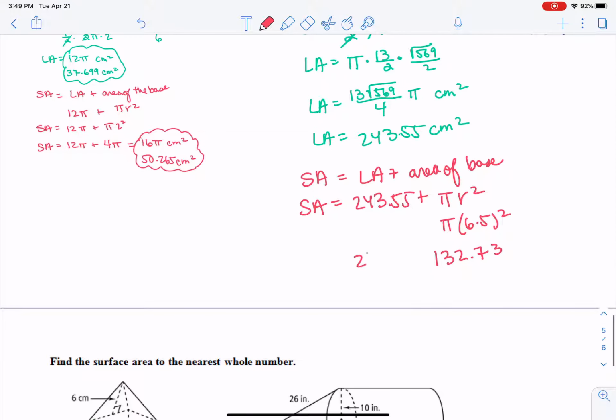If I add that together, I will get 376.28.